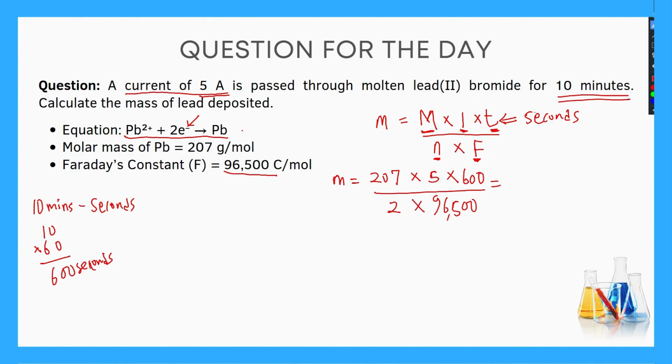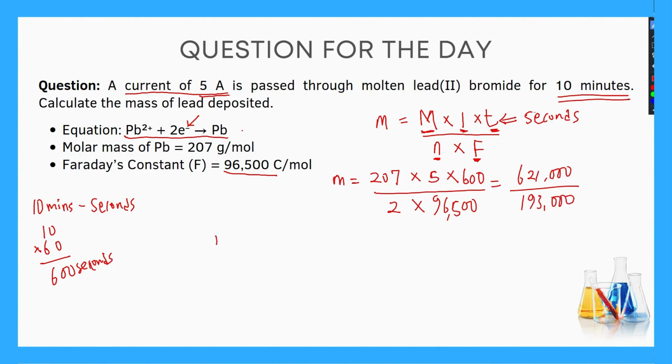So let's go ahead and multiply the numerator. We have 207 multiplied by 5 multiplied by 600. That gives us 621,000, divided by 96,500 times 2, which gives us 193,000.